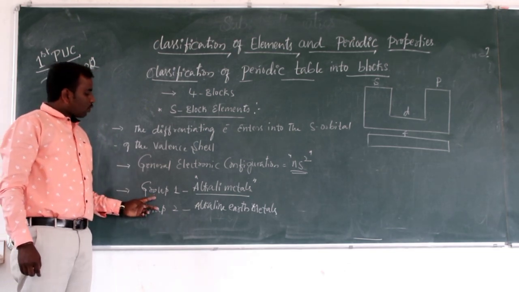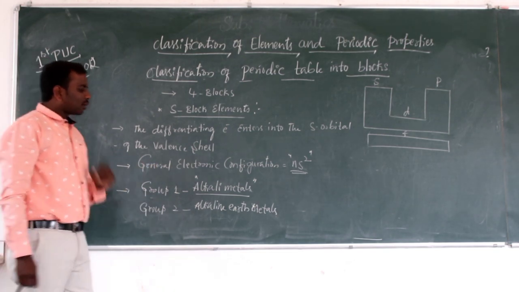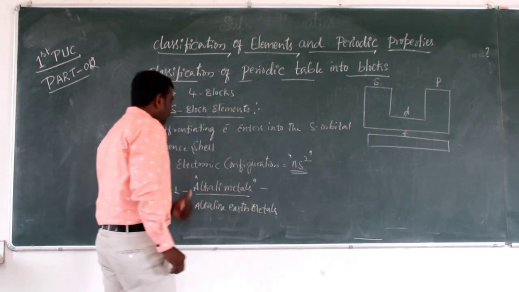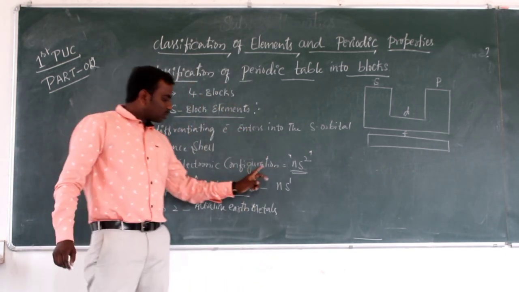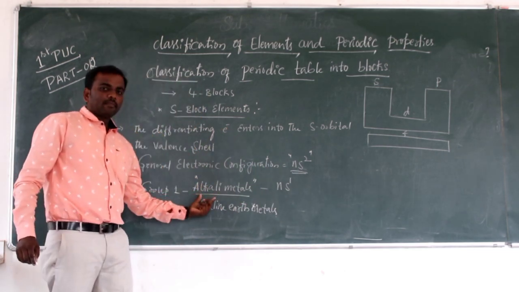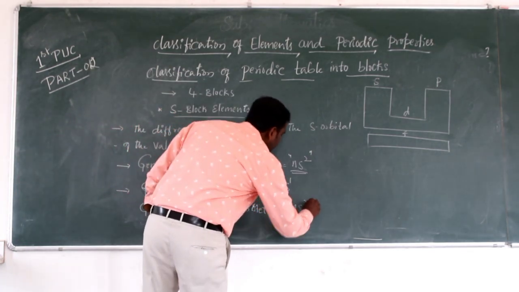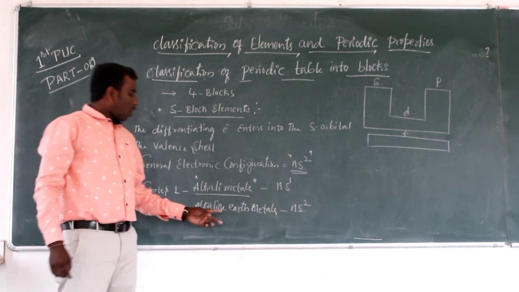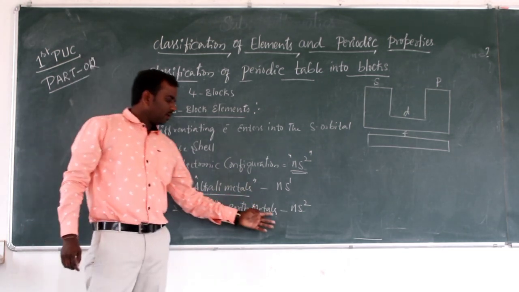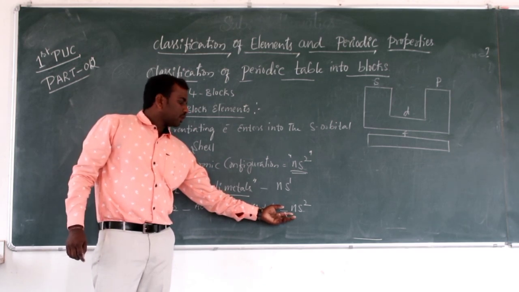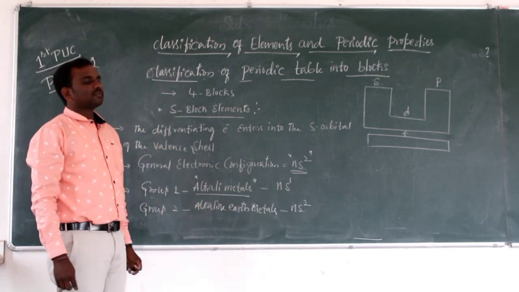See, what is the electronic configuration of these? ns1 is the electronic configuration of alkali metals, and ns2 is the electronic configuration of alkaline earth metals.